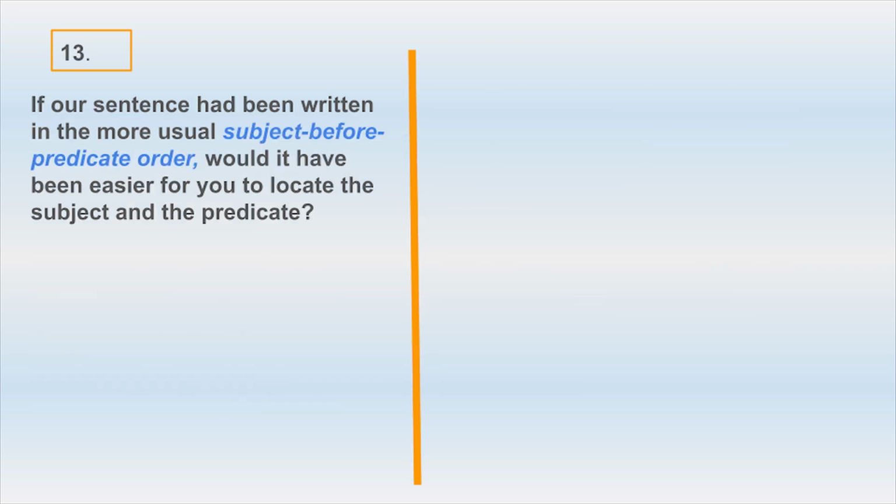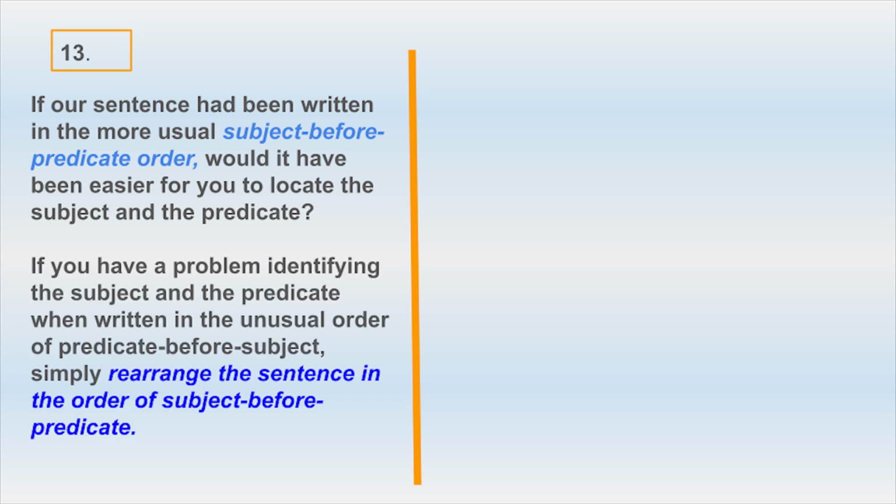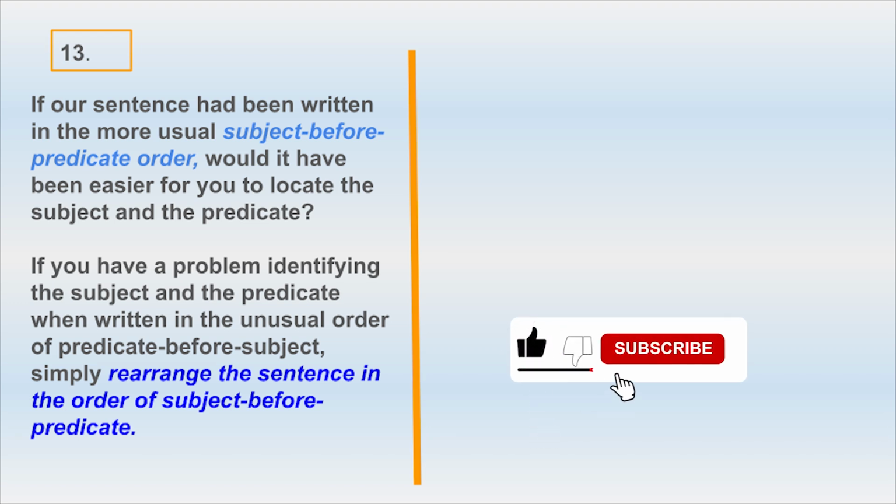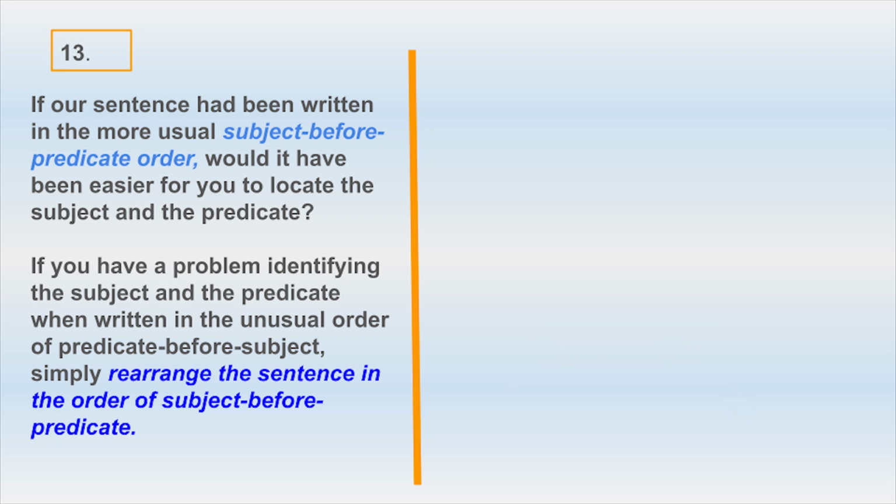If our sentence had been written in the more usual subject before predicate order, would it have been easier for you to locate the subject and the predicate? If you have a problem identifying the subject and the predicate when written in the unusual order of predicate before subject, simply rearrange the sentence in the order of subject before predicate.